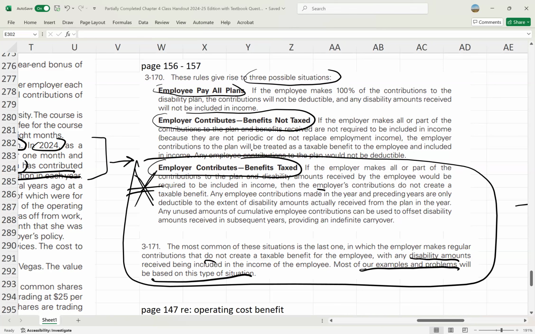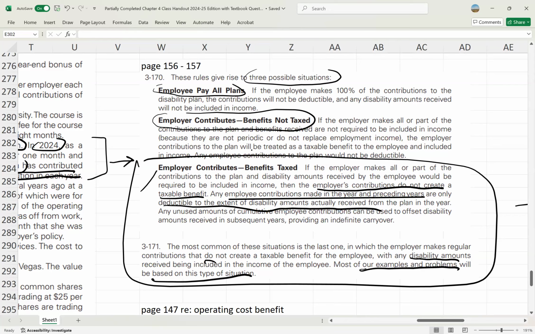the employer's contributions do not create a taxable benefit. We talked about that. If the employee receives a disability amount, the employee's contributions made in that year and preceding years can be deductible against the disability amounts they receive. So Tanya is paying a certain amount every year.